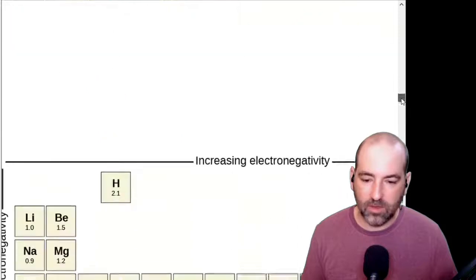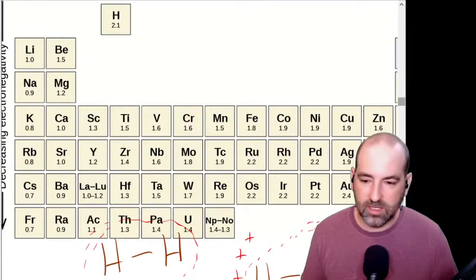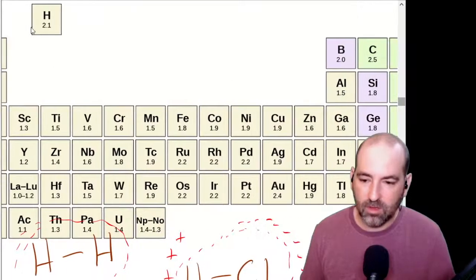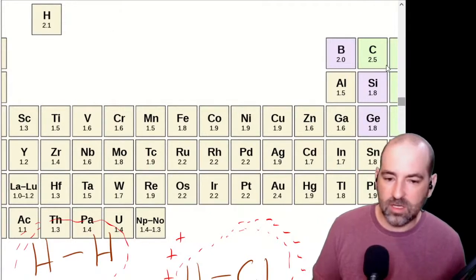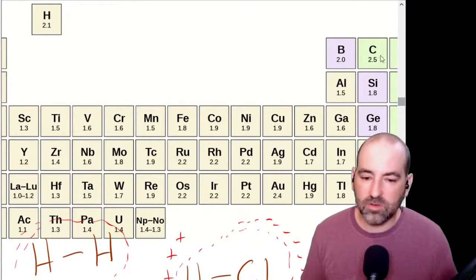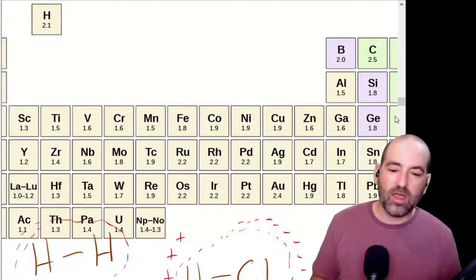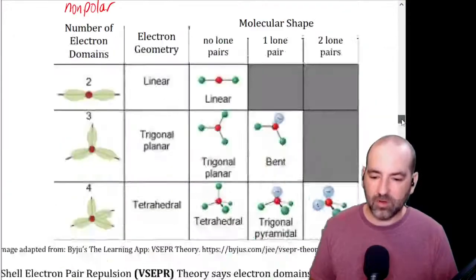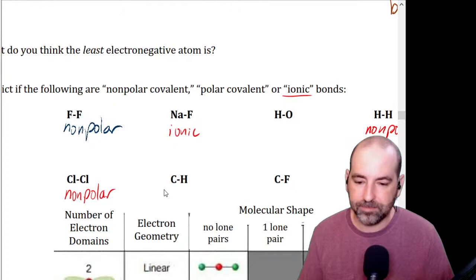So if we looked up, let's say, a C-H bond, H is 2.1, C is 2.5. So the difference between those two is 0.4. And so we say that that's nonpolar, even though there is a slight difference there.